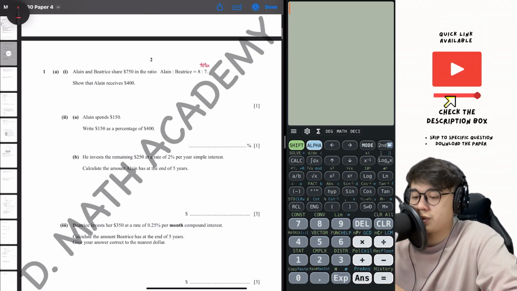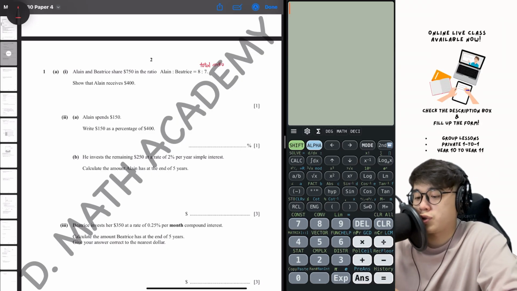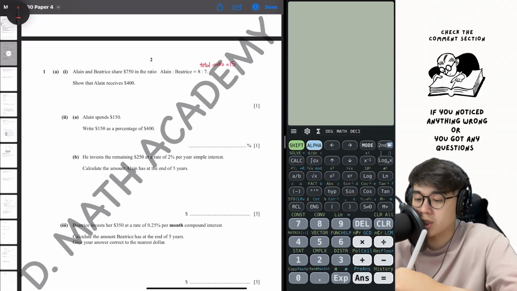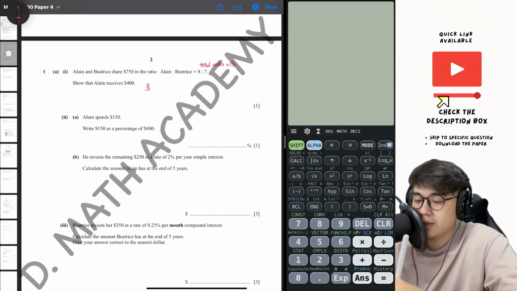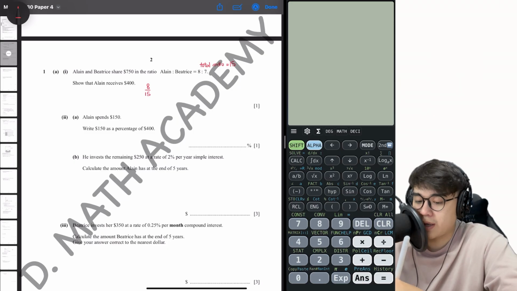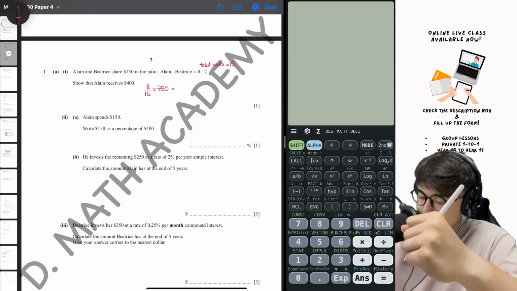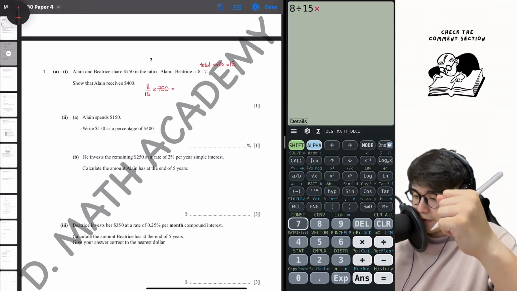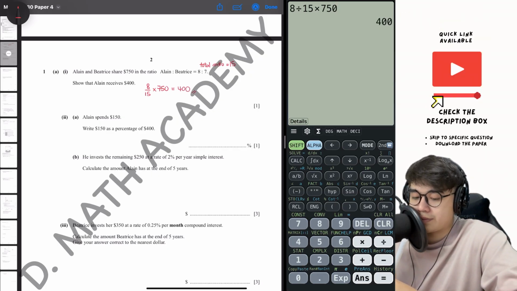So total ratio is 8 plus 7, so you'll be getting 15 in this case. Then I'll be taking the ratio of Elaine that we are trying to find here and multiply it with 750. So 8 over 15 multiplied by 750, you will get your final answer as 400.